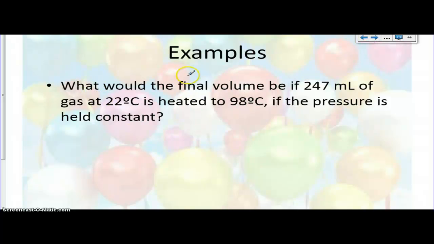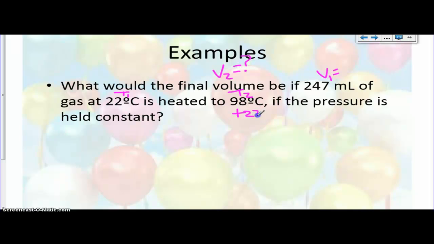All right, so practice problems. What would the final volume be? So the final volume would be V2. So we're looking for the second volume. If 247 milliliters of gas at 22 degrees Celsius, so this is our T1, is heated to 98 degrees Celsius, which is T2.